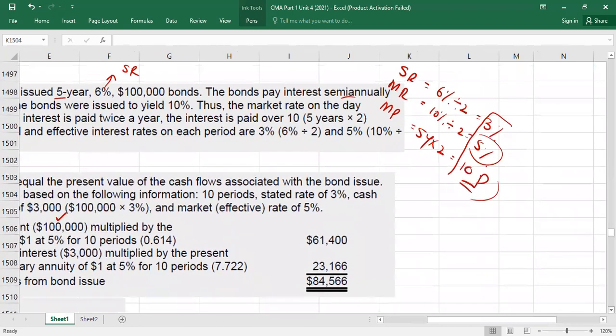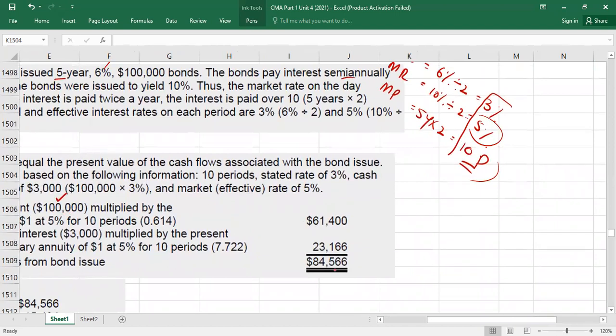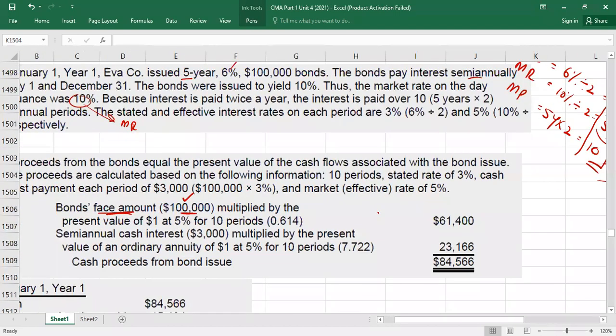I will write this face value, 100,000, and I will look at which rate, 5%, at how many periods? 10 periods. And which factor? Which table? Present value of $1 table. Go to 5%, look for 10 periods. You will find this value there. You will multiply with face and get one present value. Understood? Then second, you have to calculate what? Interest. What is the total face value?